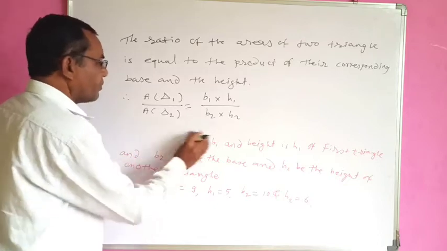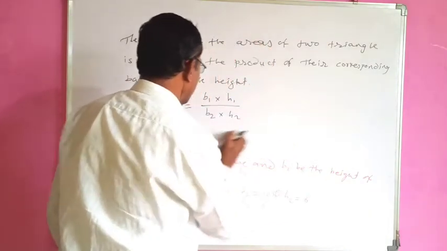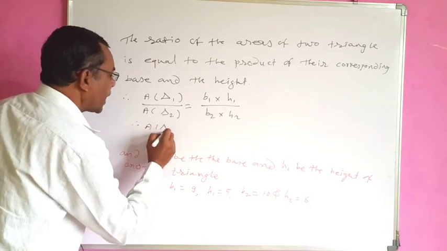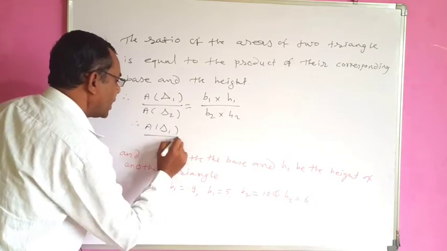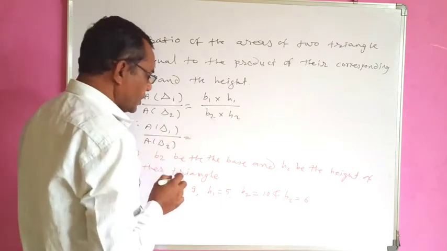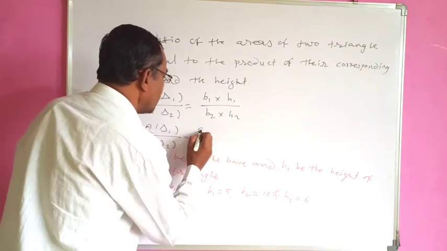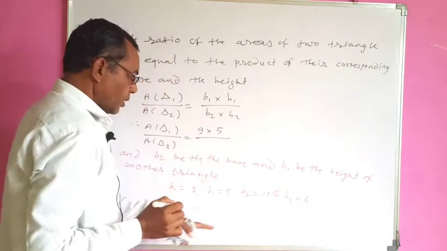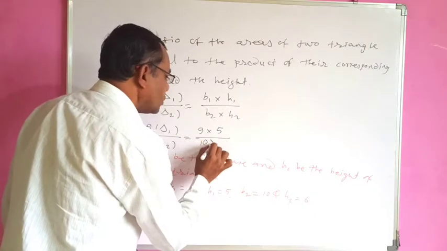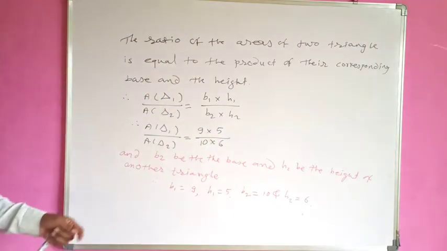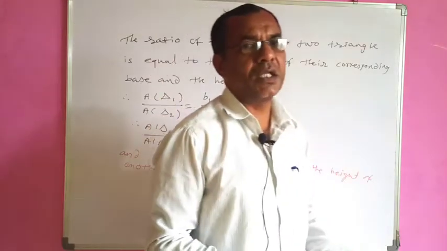Then we will put the values here. Therefore area of triangle 1 by area of triangle 2 is equal to, what is b1 here? b1 is equal to 9 into h1 is 5 divided by b2 is 10 into h2 is 6 here. This is the part where we substitute in the formula.